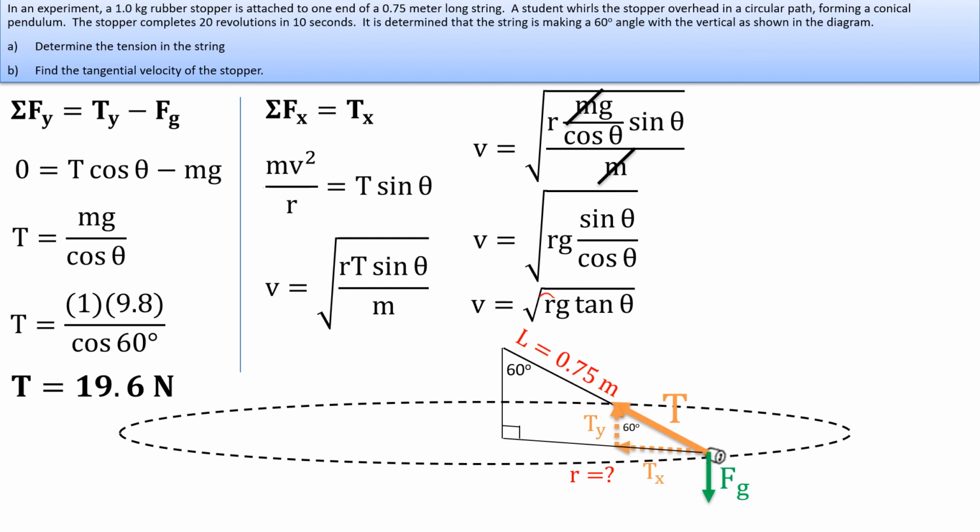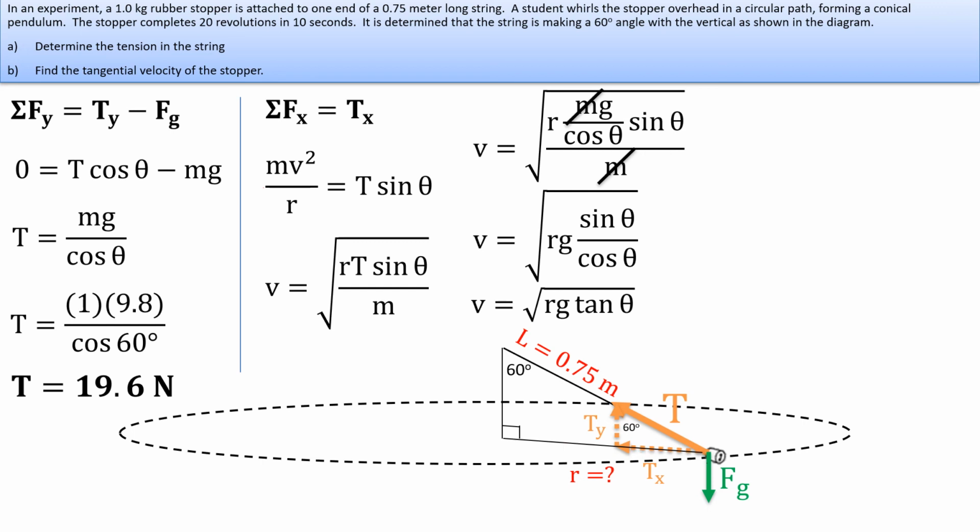All right. R, we said, ooh, it's not equal to 0.75. The length of the string is 0.75, but the radius of the circular path is definitely less than 0.75 because 0.75 is the hypotenuse of this bigger triangle over here. And we want to know what this leg of that triangle is.